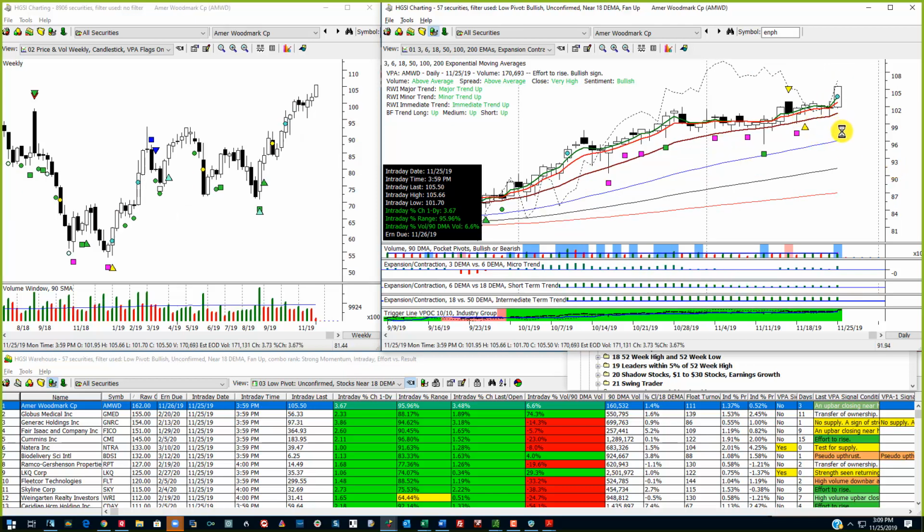And here is a stock, American Woodmark Corporation. It's number 1 here, and you can see that on the weekly chart, very powerful weekly chart over the past several weeks. And this didn't come down much, but this still qualifies as a pivot because this low was lower than the prior day's low.